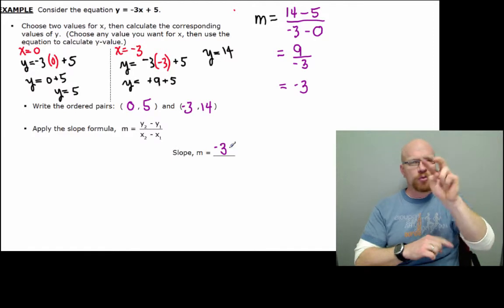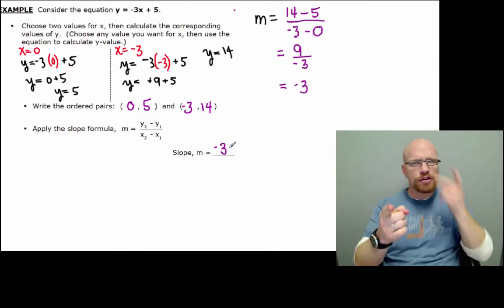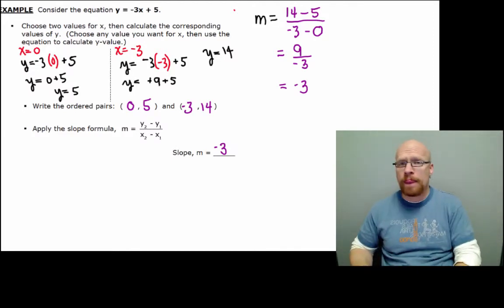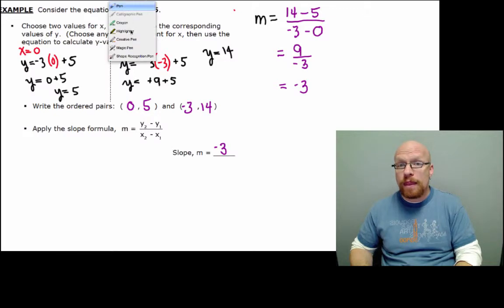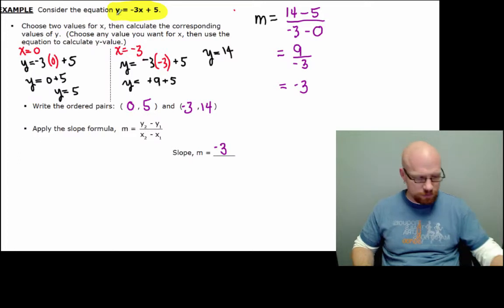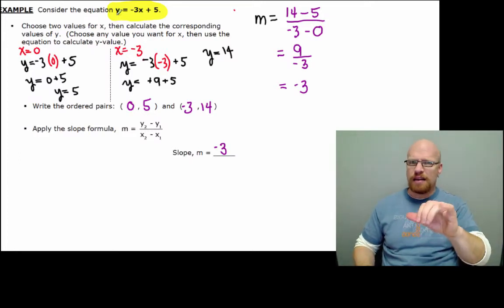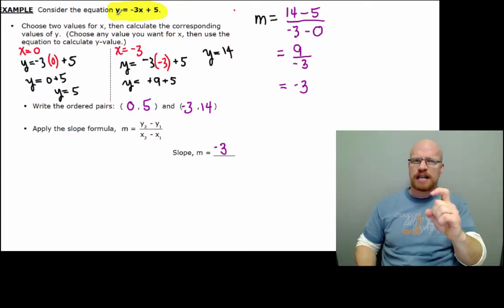Here we see m equals negative 3. I go back up to the top of our equation, you can see what? That negative 3 is in front of the x.